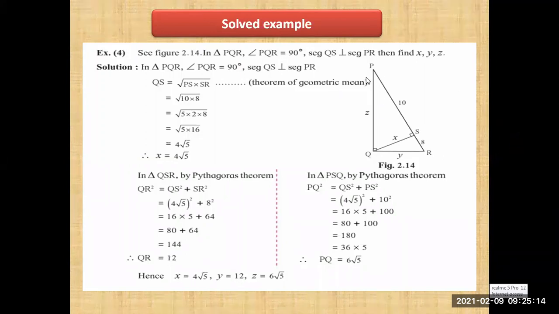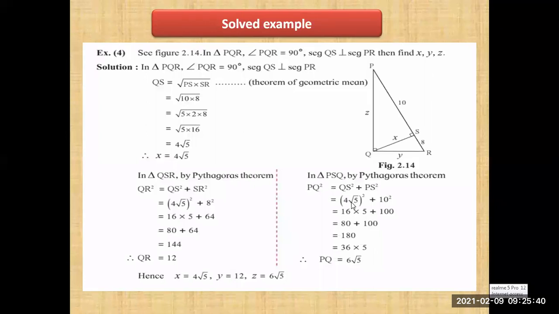Okay. Similarly, we apply the Pythagoras theorem in this triangle PQS. Right? PQS. This one is 90 degrees, so automatically PQ is the hypotenuse. So PQ square is equal to PS square plus QS square. Substitute all the values: 4 root 5 square plus 10 square. So do the calculation.